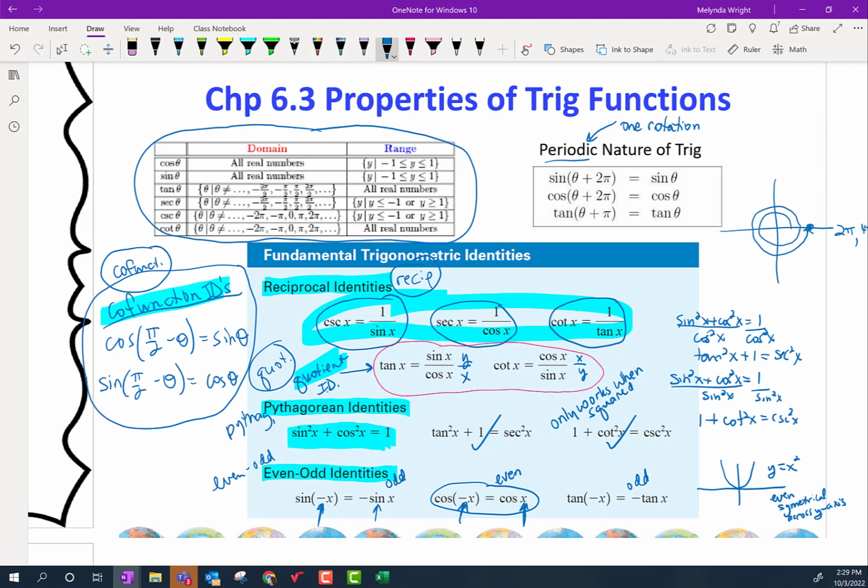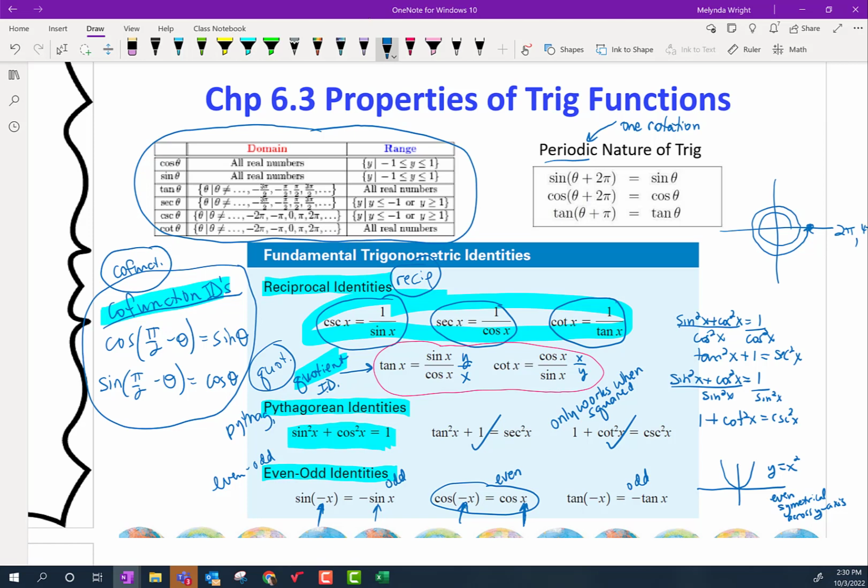It's going to be important that we started on our memory work for these from the last unit. It's going to be important that we have these in our brain, because if we don't, it's going to make our proof work extraordinarily difficult. If you don't know what you're looking for or what you can use, it's going to be really hard to do a proof. So these are our foundational identities that we really need to have under our belt.